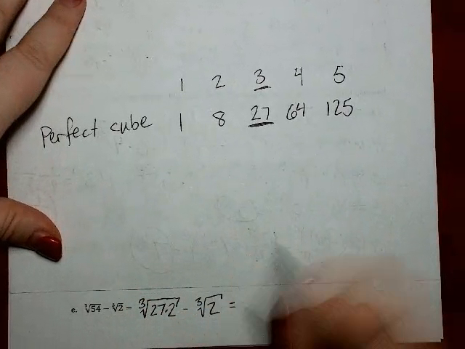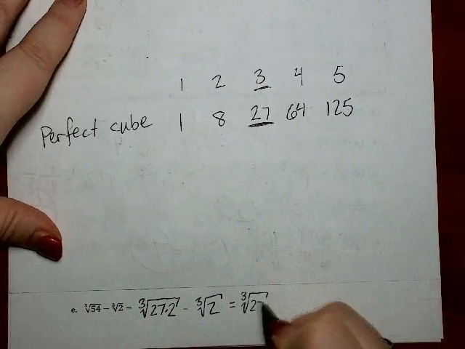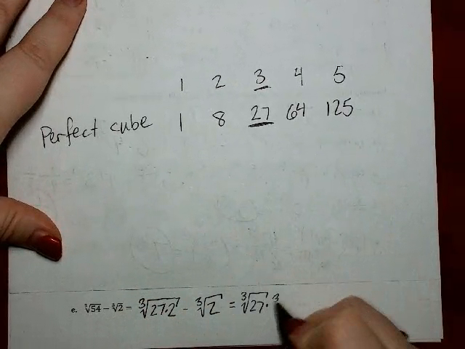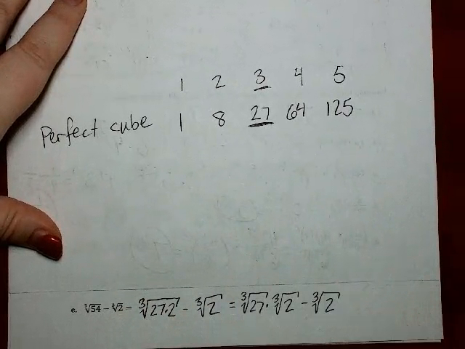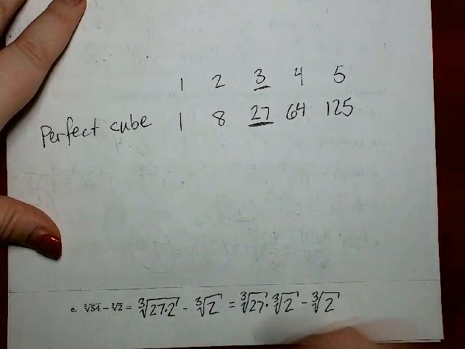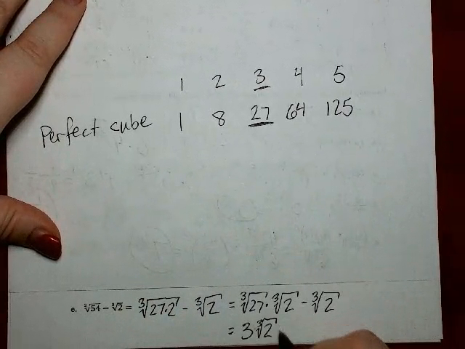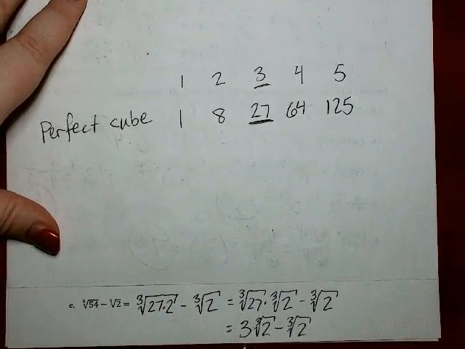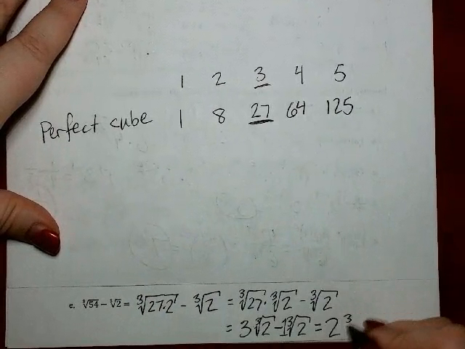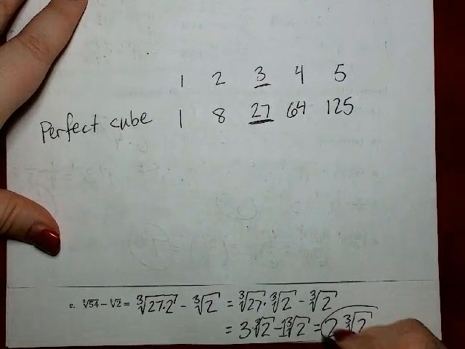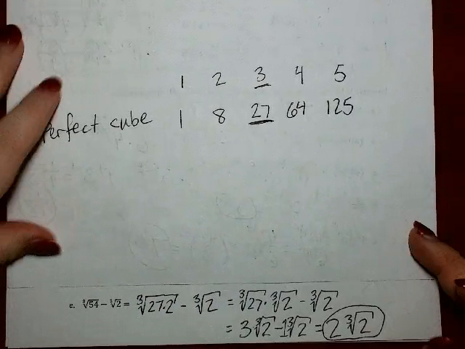So then we separate that, so the cubed root of 27 times the cubed root of 2 minus the cubed root of 2. The cubed root of 27 is 3. 3 cubed root of 2 minus the cubed root of 2. So we have 3 cubed roots of 2, and then we take away 1. This is essentially 1 cubed root of 2. So we get 2 cubed roots of 2.